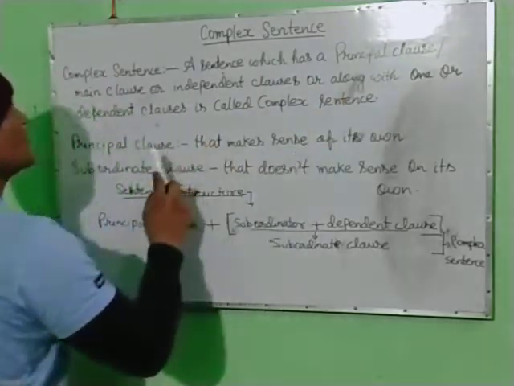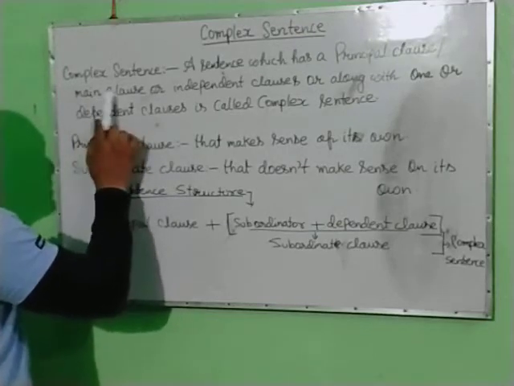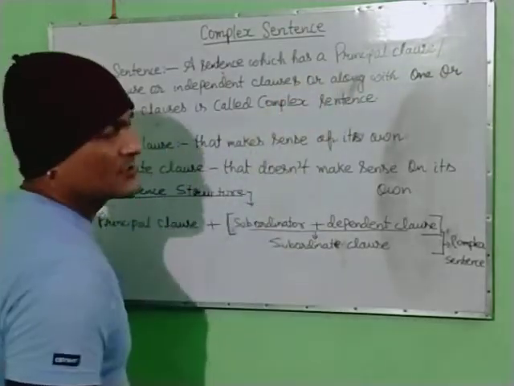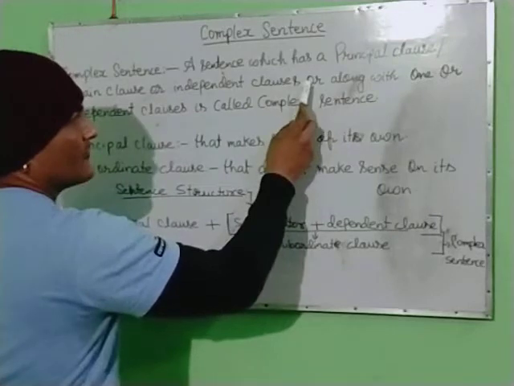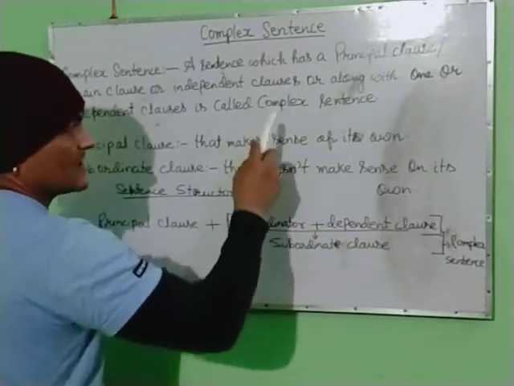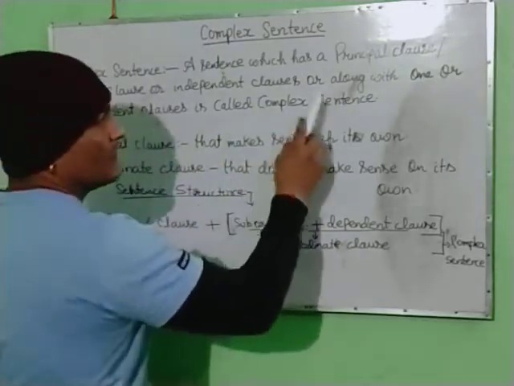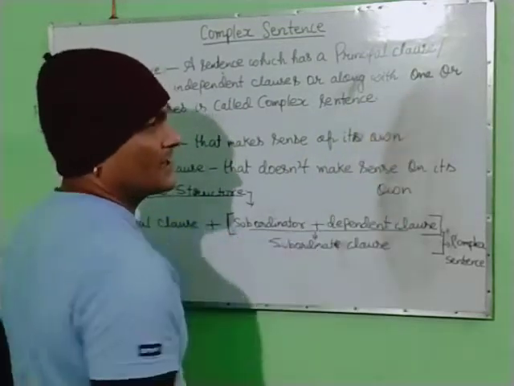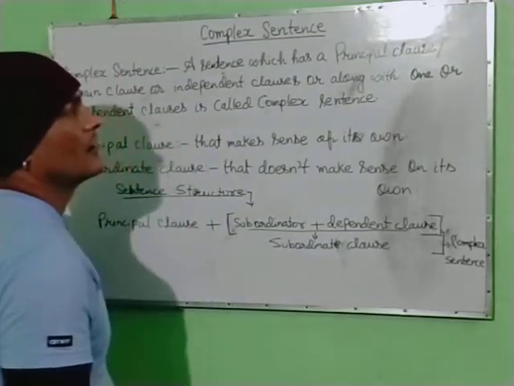जहां प्रिंसिपल क्लॉज है वहां प्रिंसिपल क्लॉज को हम लोग वी कैन से मेन क्लॉज भी बोल सकते हैं, या इंडिपेंडेंट क्लॉज भी प्रिंसिपल क्लॉज को हम लोग बोल सकते हैं. तो इनके साथ साथ where there is this type of principal clauses in a sentence, whenever it comes, there will be उसके साथ along with one more sentence, after that one more sentence will come.